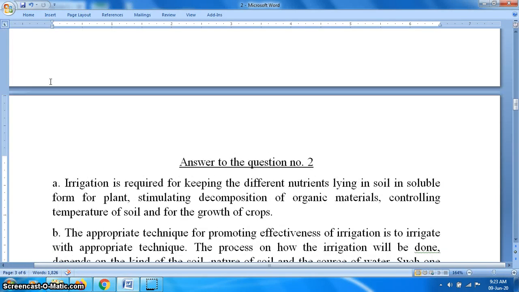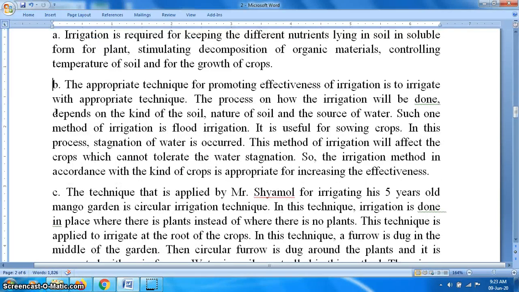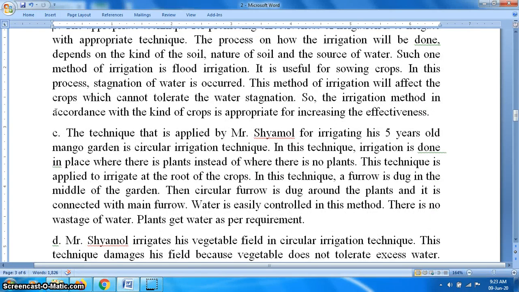Now, question C. Explain the irrigation method Shamol Babu successfully employed in his mango orchard. The technique applied by Shamol for irrigating his 5-year-old mango garden is the circular irrigation technique.